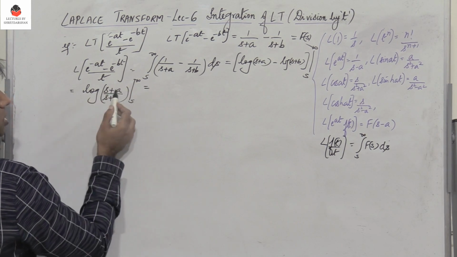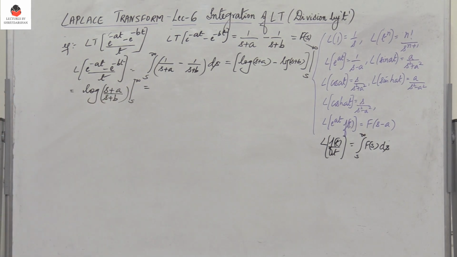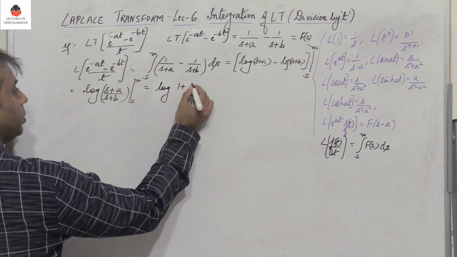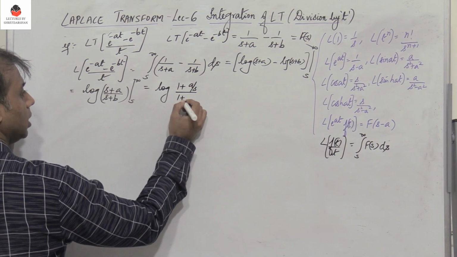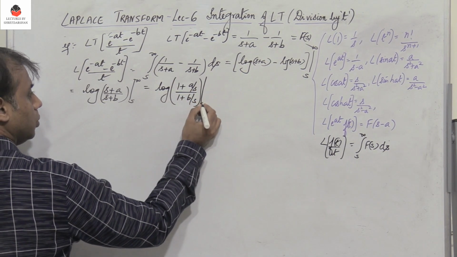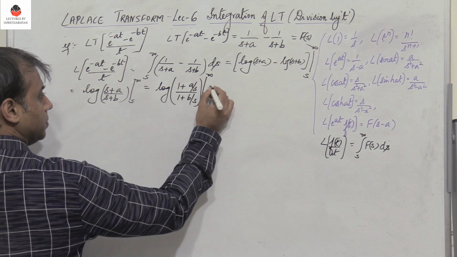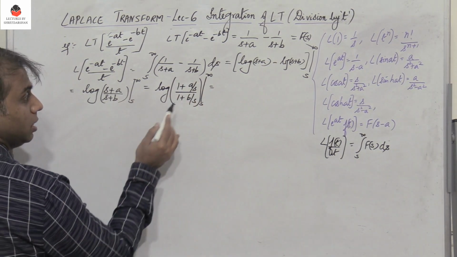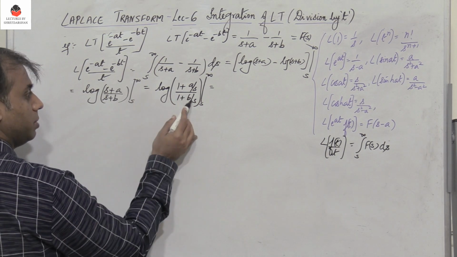So here I cannot substitute s equal to infinity directly. So what do we do? So we get log 1 plus a by s divided by 1 plus b by s within the limits s and infinity. So now when I put first s equal to infinity, a by infinity is 0, b by infinity is 0.